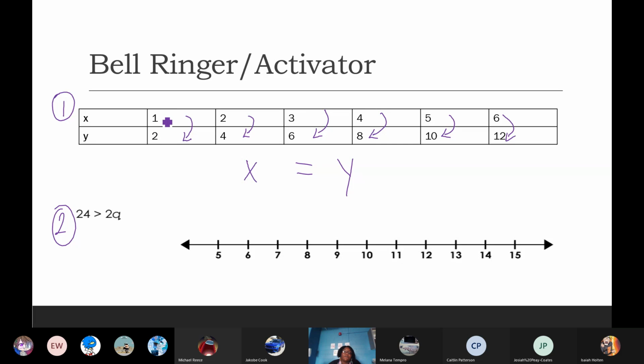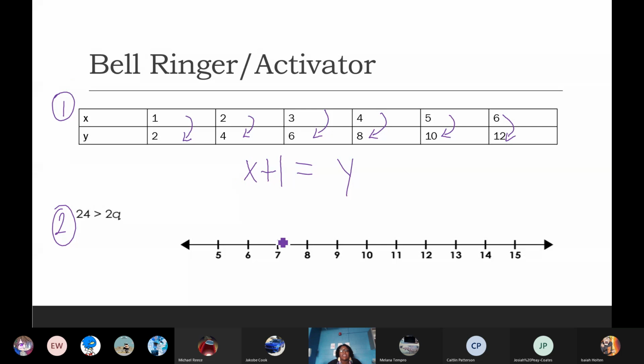So how could I get from 1, Milena, I want you to stay with me here. How do I get from 1 to 2? What operation could I use? Addition? I could. What would I add? 1 plus 1? Yeah.